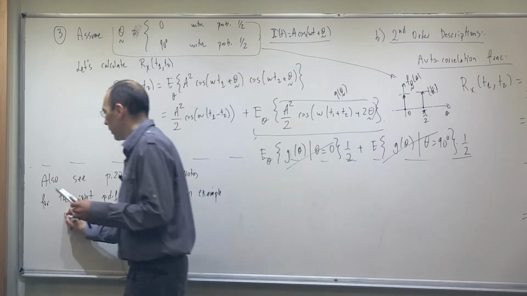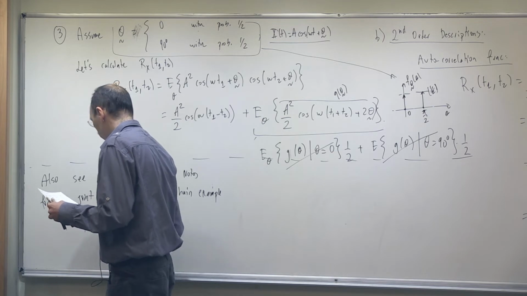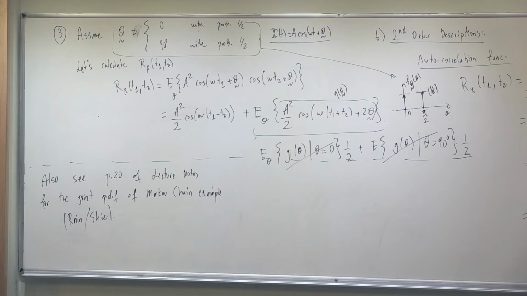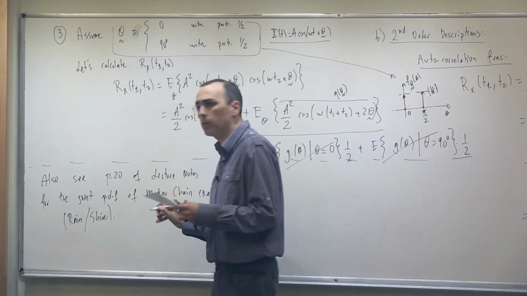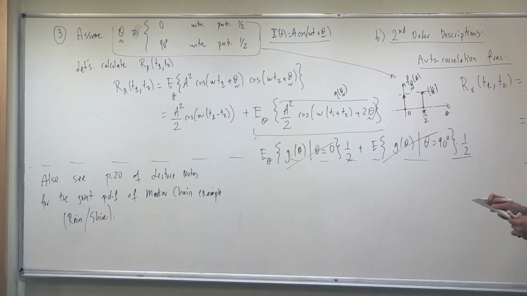This is the rain or shine example that you have seen before. Just read this on your own. It's not extremely critical, but if you have enjoyed studying Markov chains, please also see this. It's not extremely critical for our purposes because its notation is quite complicated, so I don't want to discuss it during the lectures, but please read it.